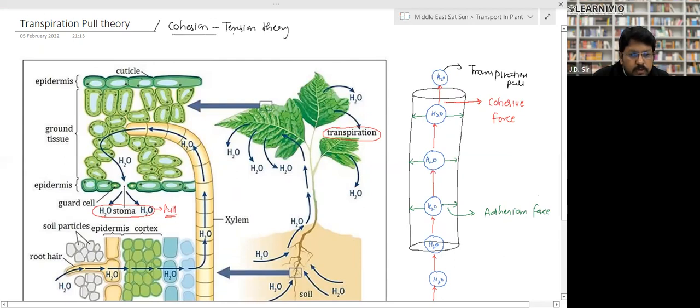This theory was given by two scientists named Dixon and Joly. Dixon and Joly were the two scientists who gave this transpiration pull theory.